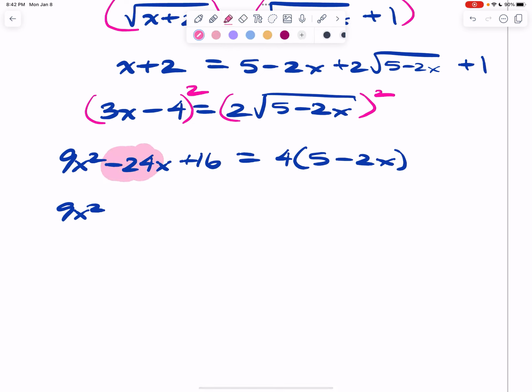Here we've got negative 24x, and this is negative 8x on the right side, so I'm just going to add 8x to both sides. We've got 16, and then 20 is on the right side. I'm going to subtract 20 from both sides, leaving me with that.